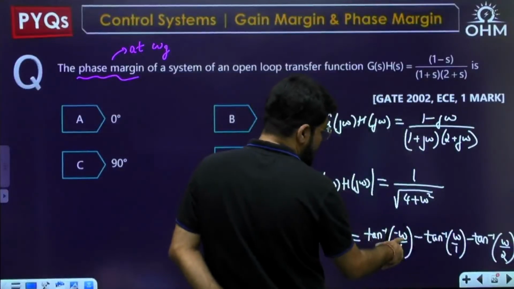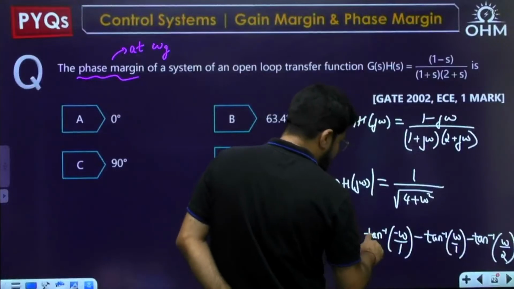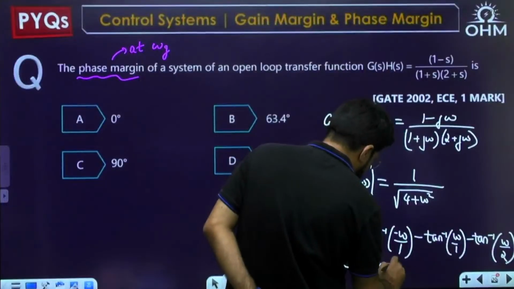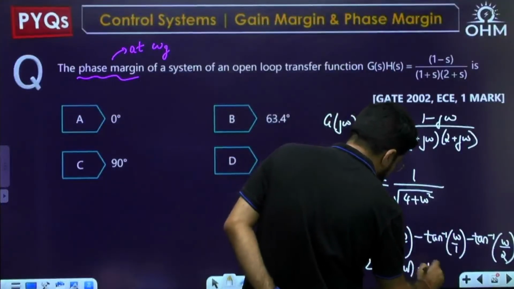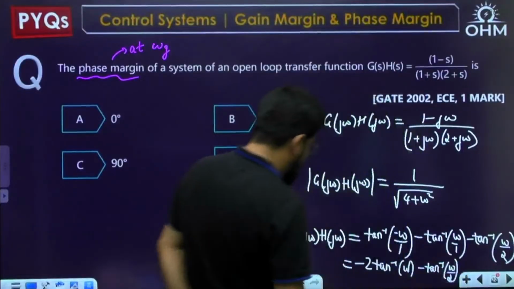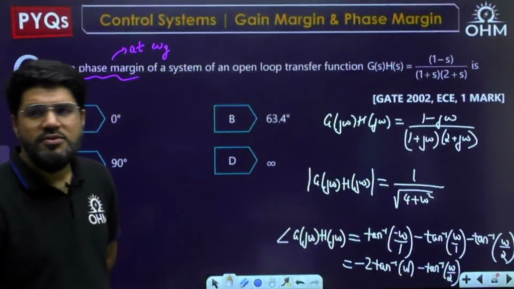So tan inverse of minus omega by 1 minus tan inverse omega by 1 becomes minus 2 tan inverse omega, minus tan inverse of omega by 2.